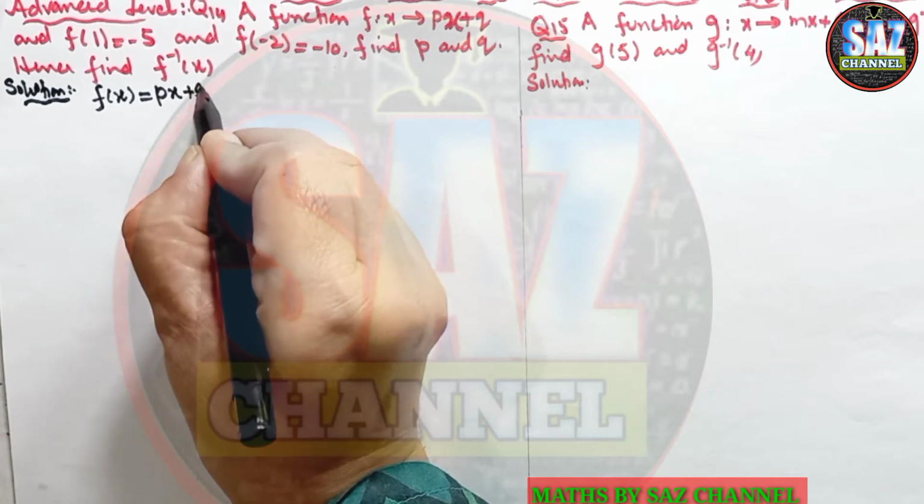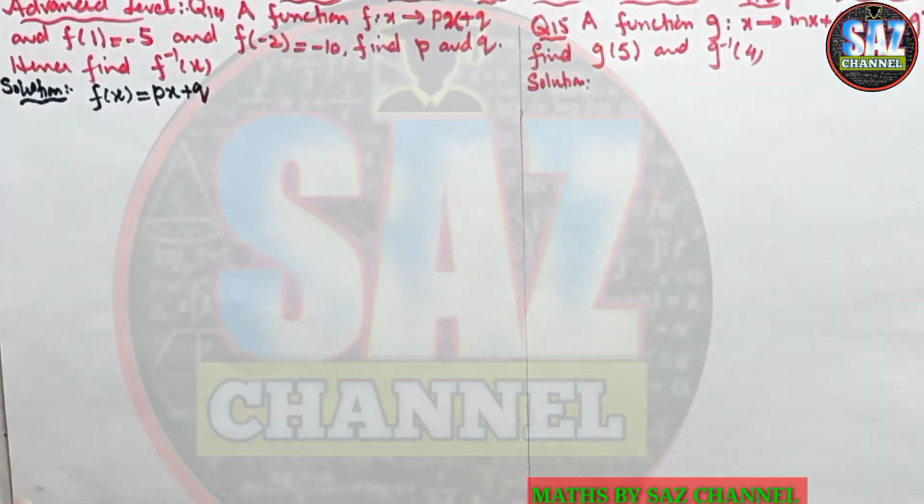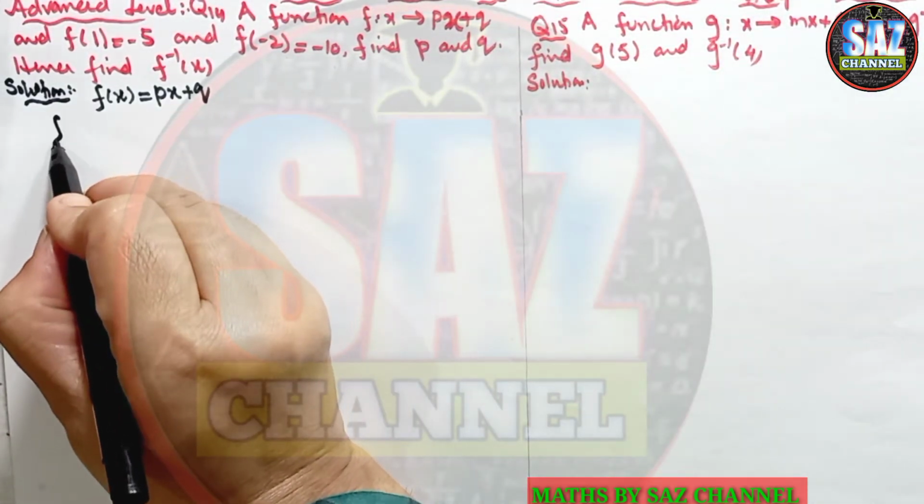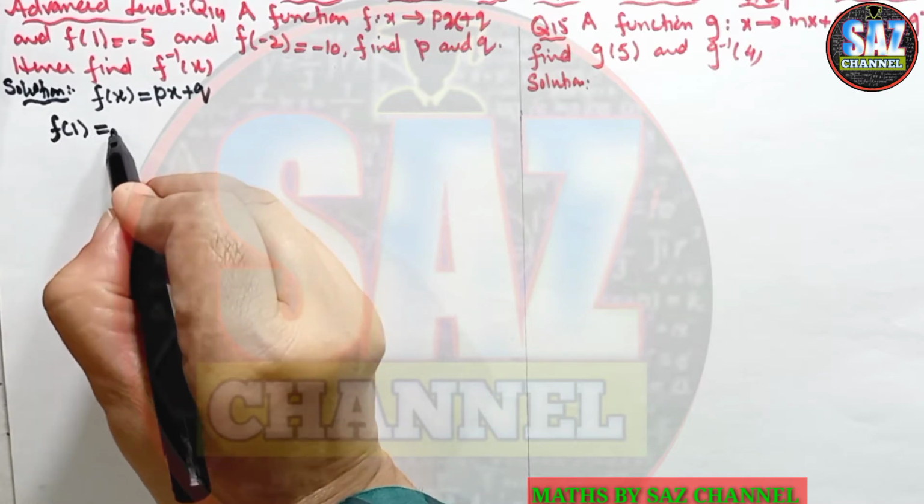As the question has two unknowns, there must be two conditions given. First condition is f of 1 equals minus 5.